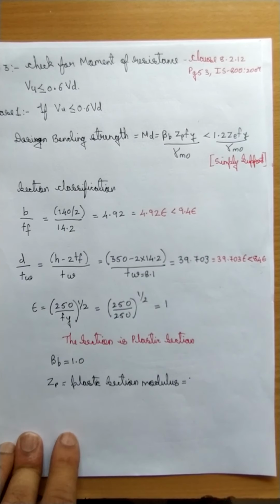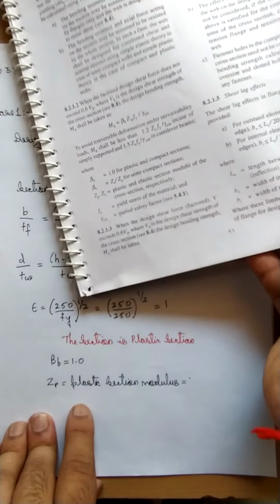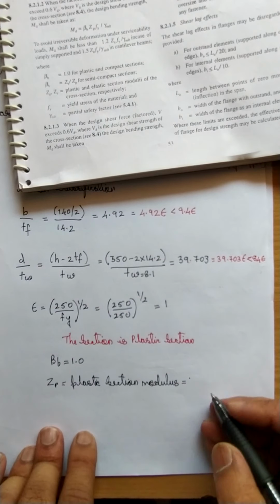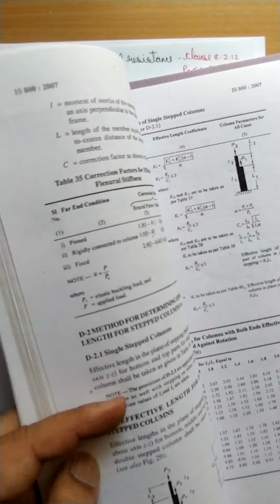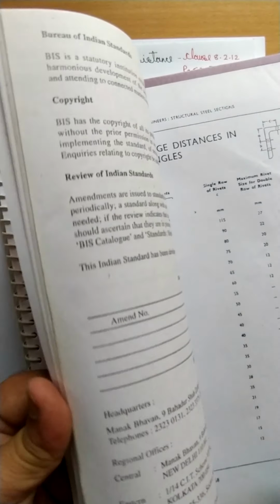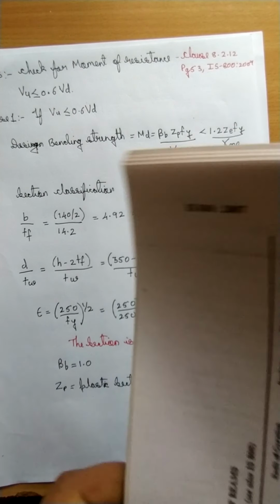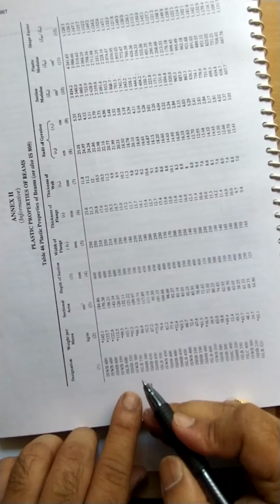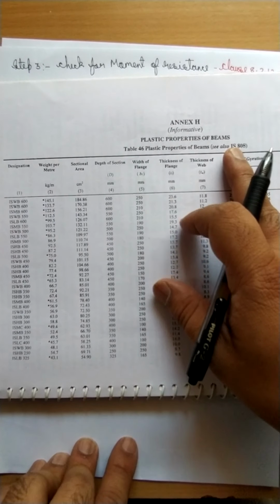So from where to get this? We will get it in the codebook itself, in table number 40. Table number 40. So I will just take it to you. Page number 138. So this is page number 138 and this table is about plastic properties of the beam.